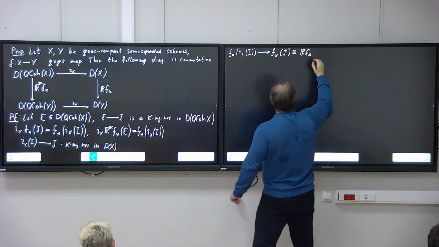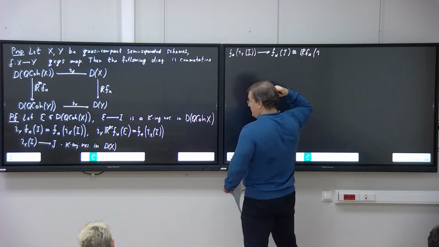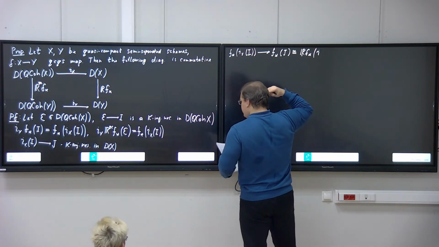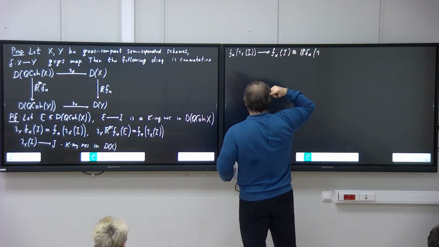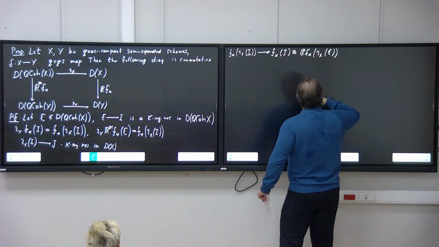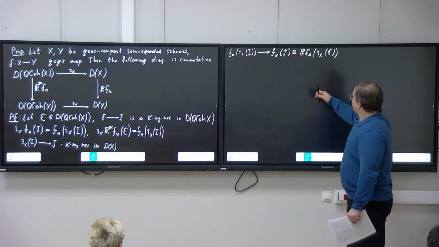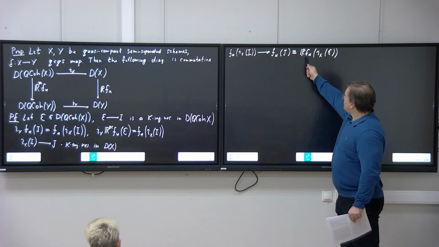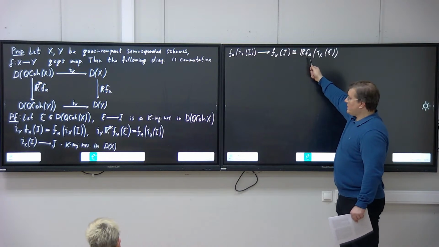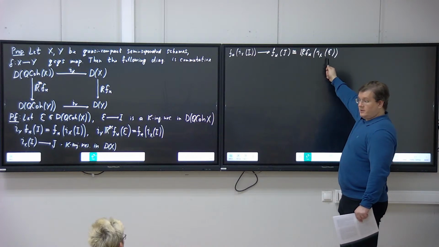I'm just taking the argument, which is in this case I sub x of E, right? Why? Well, because what this functor is doing, if I want to compute this thing, I just need to apply F lower star to the K-injective resolution of this argument.